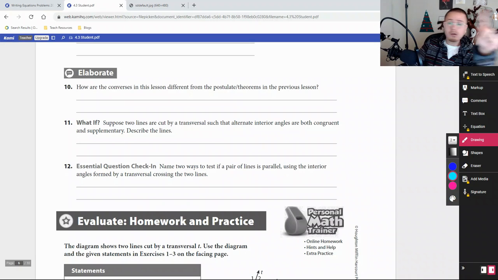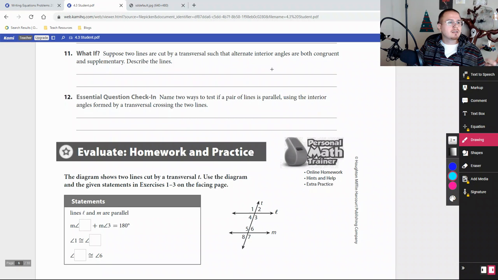Rewind 10 seconds. What if 2 lines cut by a transversal, such that alternate interior angles are both congruent and supplementary. Describe the lines. Well, you would have to construct this to be supplementary.